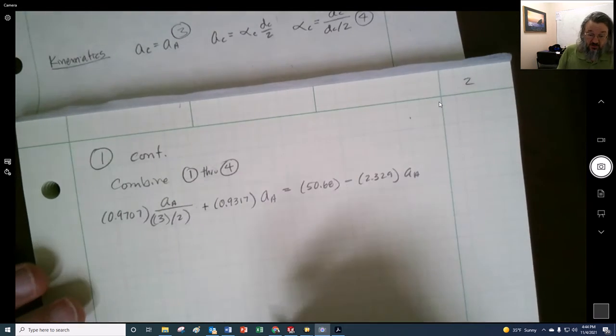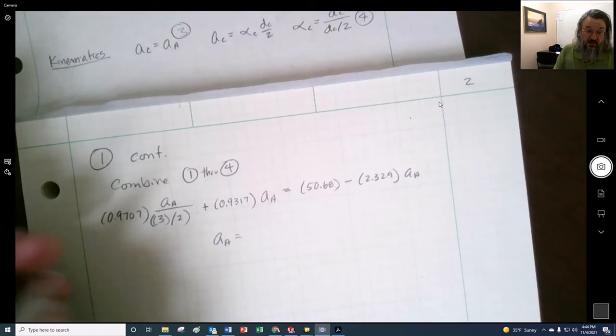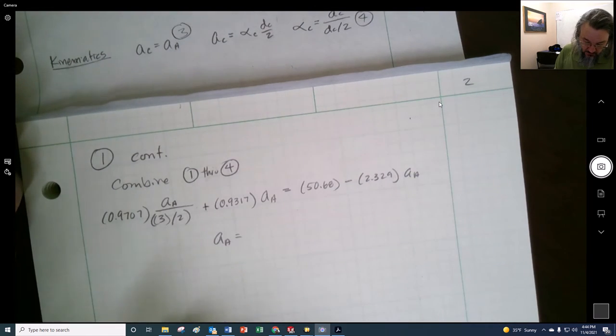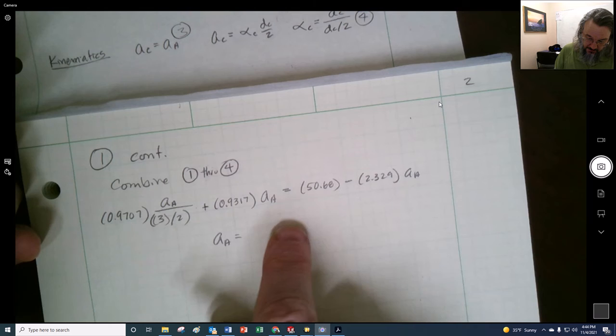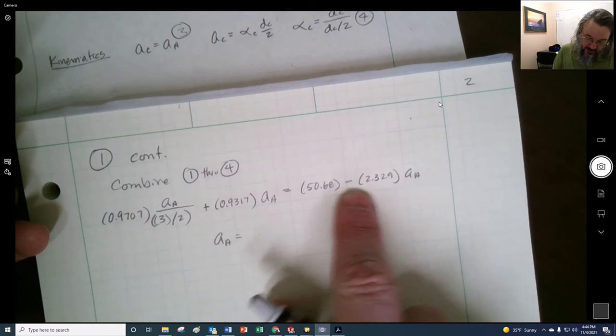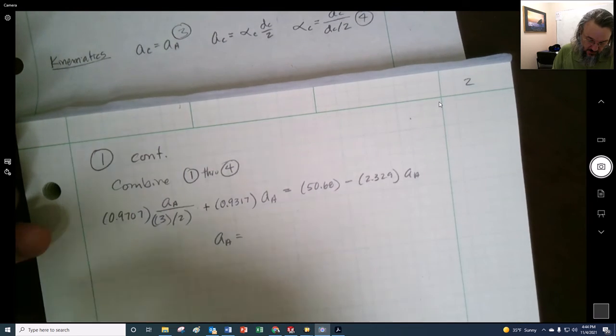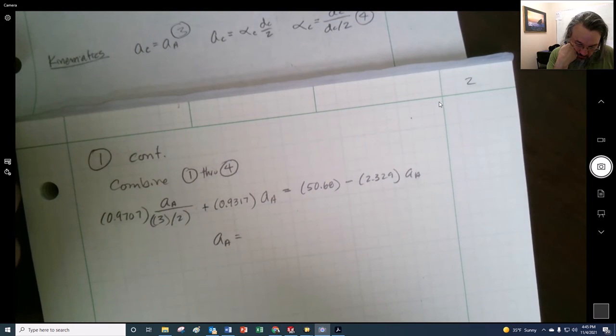And I should be able to solve for the acceleration of A, which is the first thing I wanted to get. And I think I'm going to be okay. This guy's going to come back over to there, and hopefully this is not going to be a negative number. Let me double check something. I'm a little concerned. It should be accelerating.